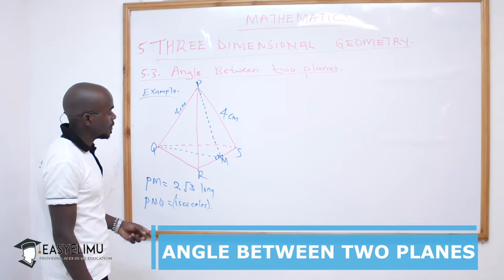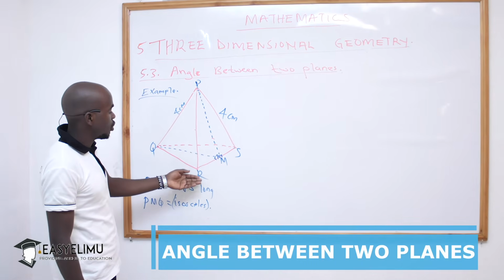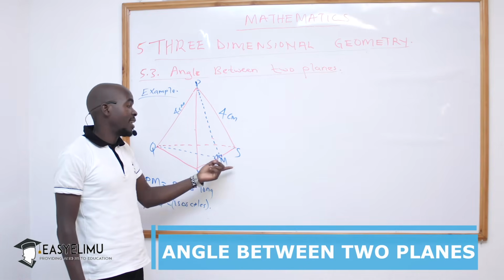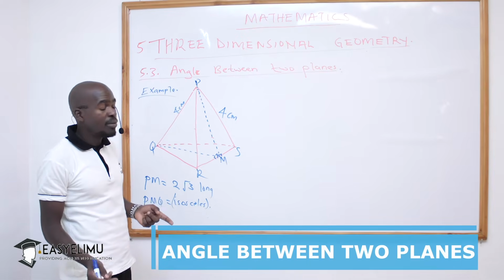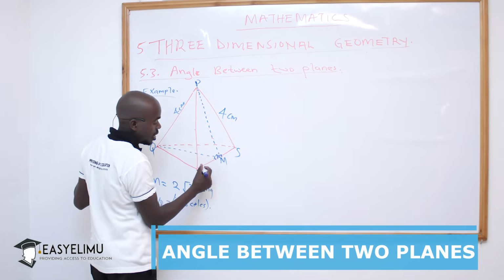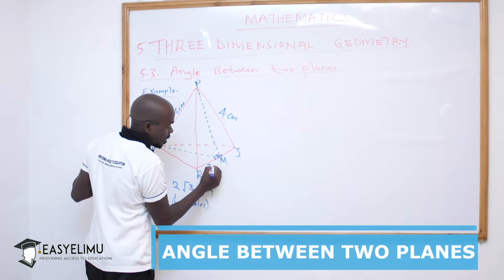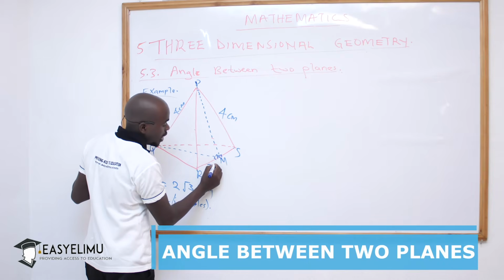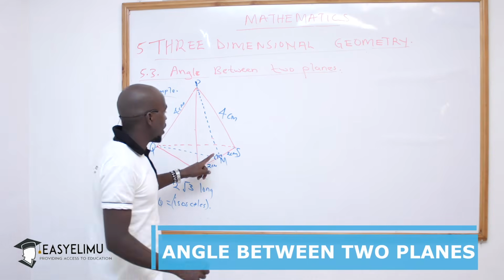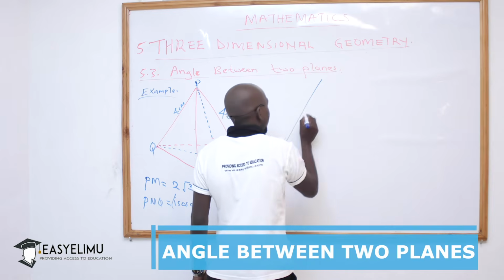First, we know this is a tetrahedron, and we have been told that M cuts line RS into two equal parts, so it is the midpoint. If the total RS is 4 centimeters, that means RM is 2 centimeters and this one is also 2 centimeters.